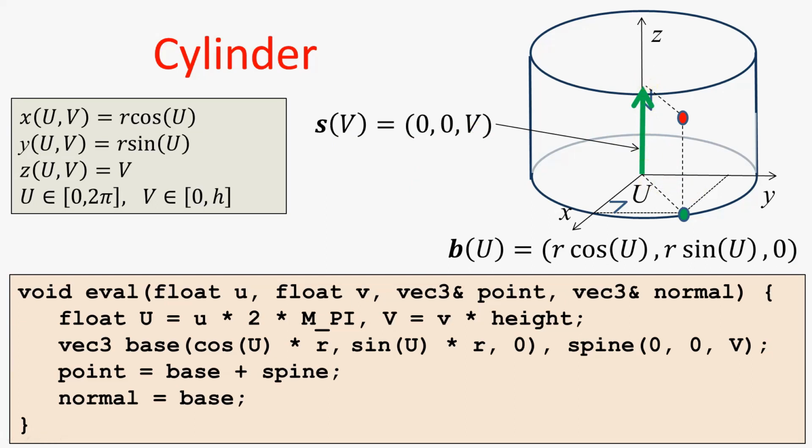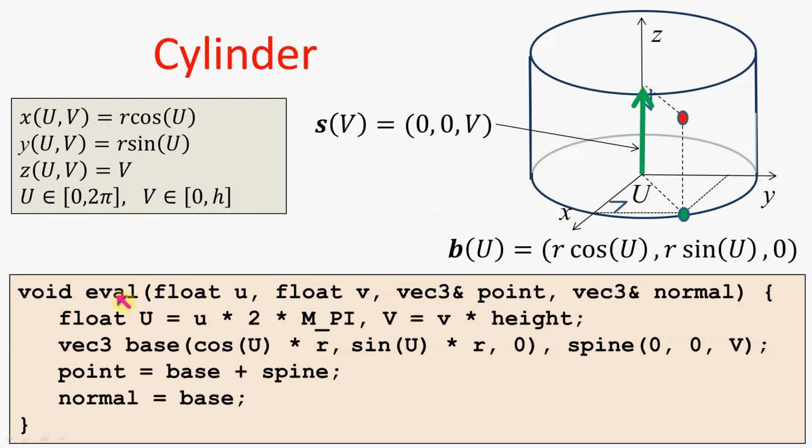According to the observed rule of extruding, the parametric equation of the surface is just the addition of the parametric function of the profile curve and the spine curve, and if we add these two together, we can obtain the parametric equation of the cylinder. The domain of u is from 0 up to 2 pi because we want to have a complete circle, and the domain of v is 0 up to the height of the cylinder.